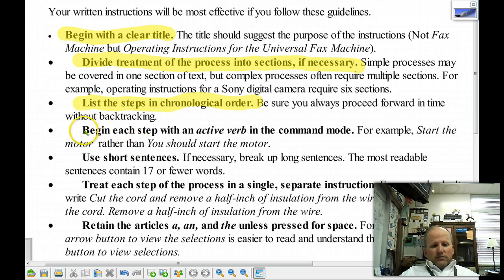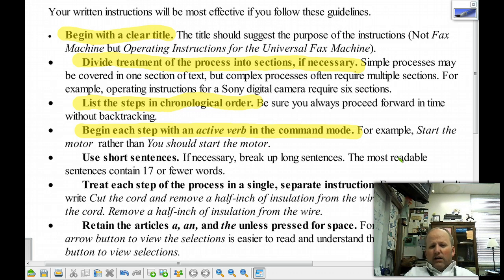Next, and this was the second thing on the previous page, every step should start with a strong active verb in the command mode. The previous page said strong verb and left it at that. Well, now we're going to call that strong verb an active verb.